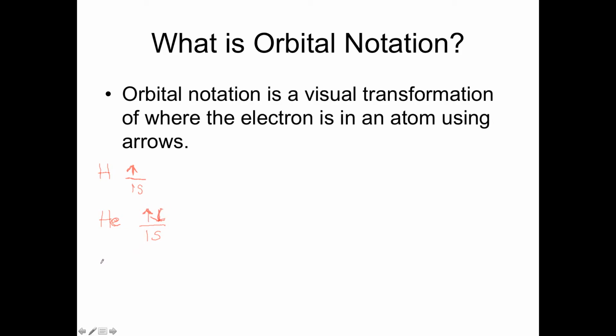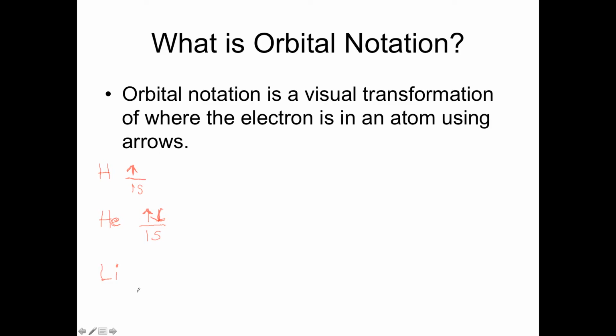Now let's try lithium. Lithium is number 3 on the periodic table. But if you remember, I told you the Aufbau principle says that I have to start first at my lowest possible energy level. You read the periodic table like a book.